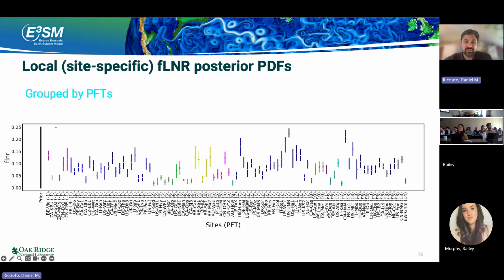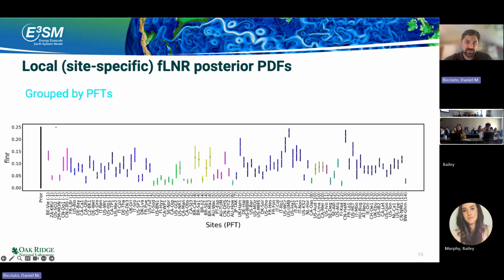So one of the things we wanted to look at here is how similar were sites of the same PFT versus across different PFTs. And this blue one here, I believe, is temperate evergreen forest. For example, we can see they tend to cluster around a certain value, but there is a lot of site-to-site variation of the optimal FLNR parameter.